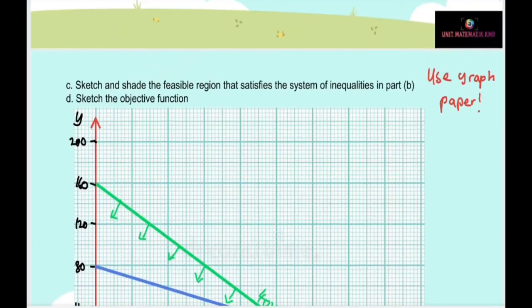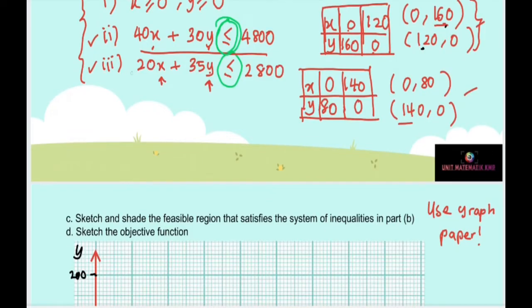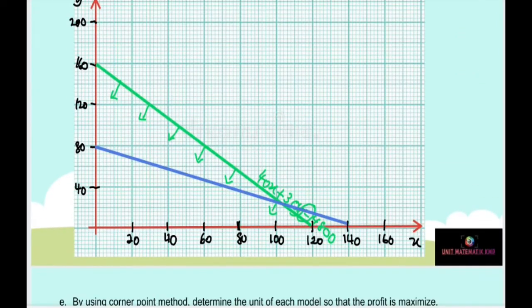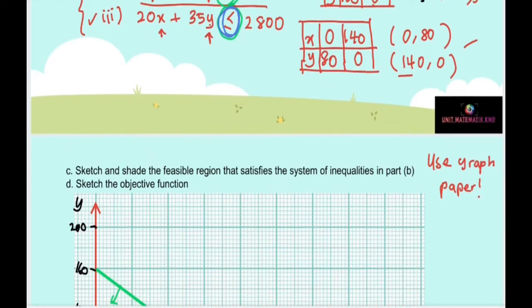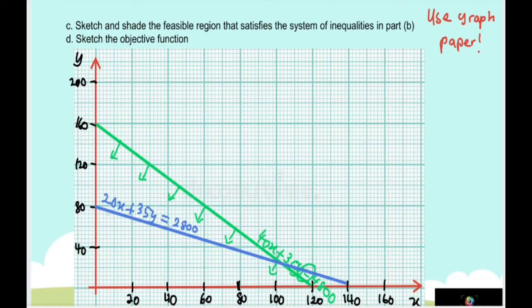This is the second inequality, or the second equation: 20x plus 35y equals 2800. And look at the inequality as well. The sign here is less than, which means the feasible region must be below this line.